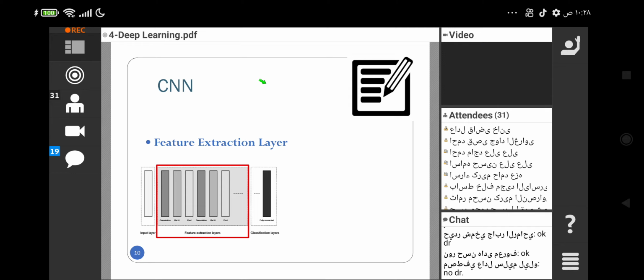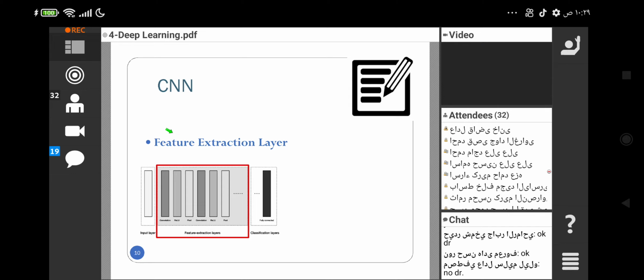Instead of entering 3,000 data or inputs into our neural network, we will enter much less data. This is called feature extraction. Feature means the inputs.